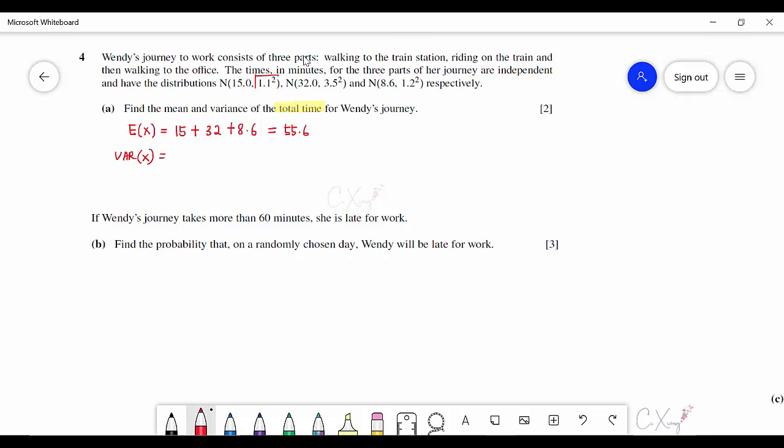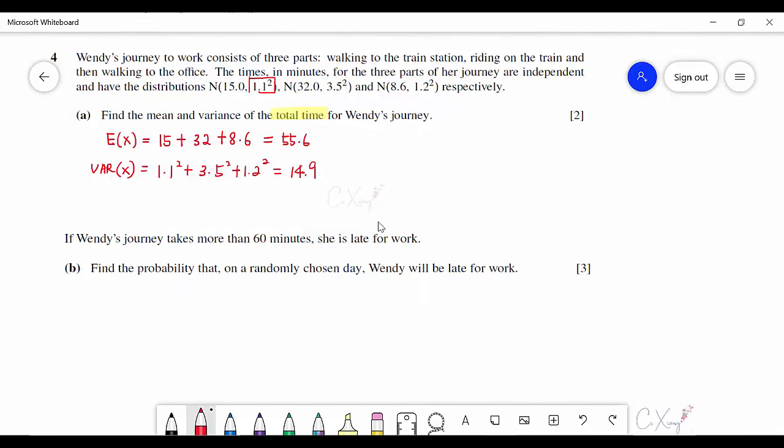So for variance, you also just add all of them together, which is 1.1 squared plus 3.5 squared plus 1.2 squared, and it equals 14.9. So this question is quite straightforward.